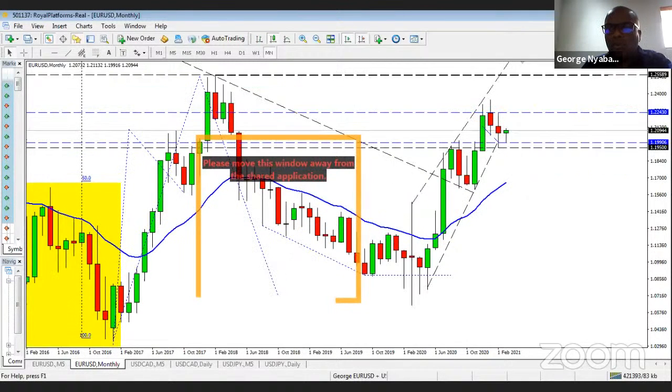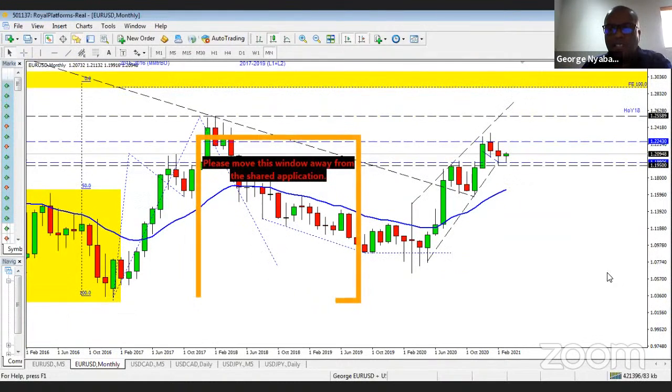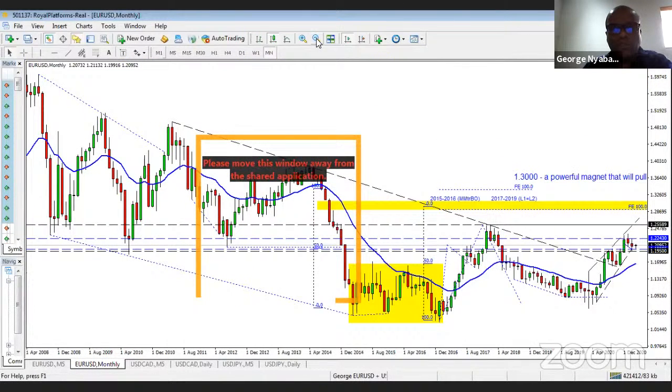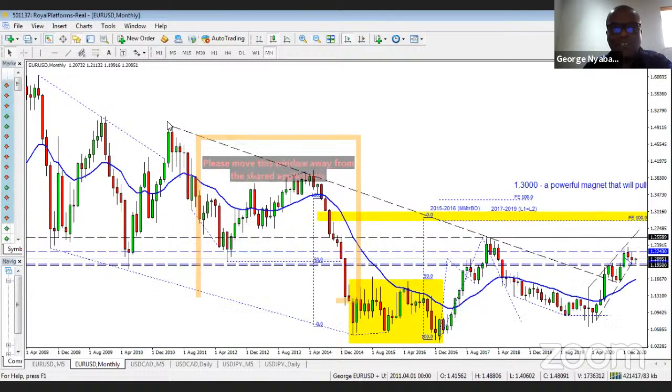The other thing that we have here, remember these black dashed lines, you see them as they appear in the lower time frame chart. Is this the descending trend line? Let's have a look at that. You see that descending trend line started from that level, and I would have just connected it all the way down.